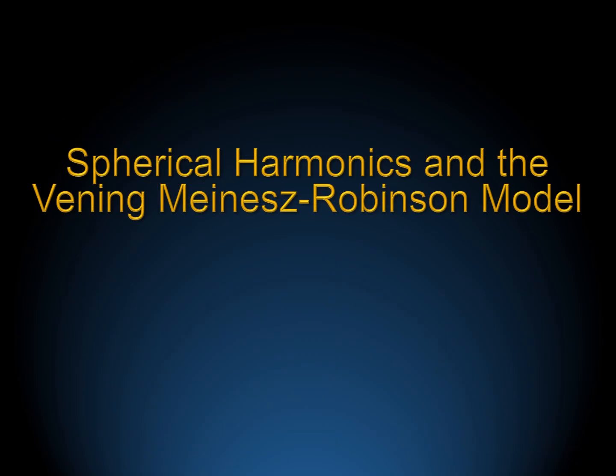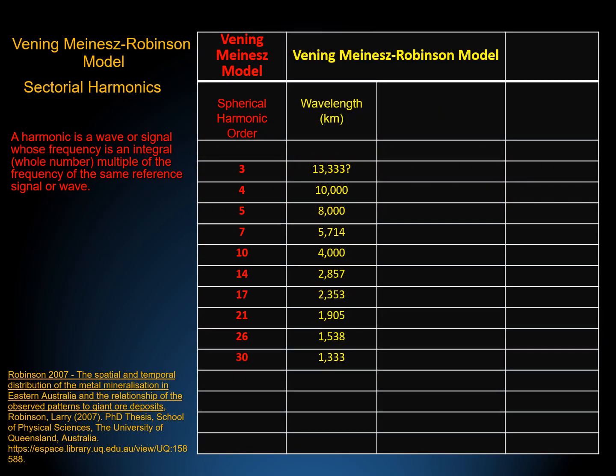Acknowledging the importance of aspect ratio 2 in respect to Rayleigh-Benard convection allows us to modify the Vening Meinesz model to the Vening Meinesz-Robinson model. Using sectorial harmonics, we are able to determine the wavelength for each of the spherical harmonic orders.